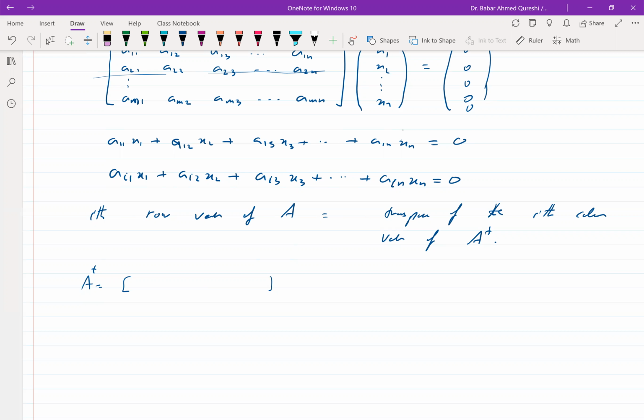So let's write it differently. M vectors are there because I have taken a transpose. So each one of them has 0 scalar product with X.